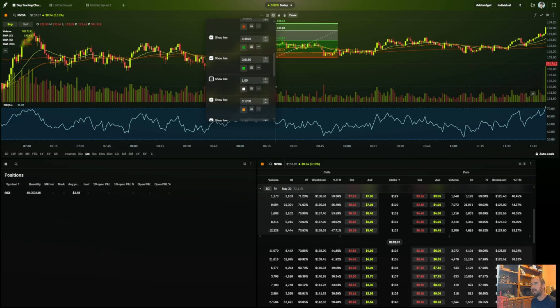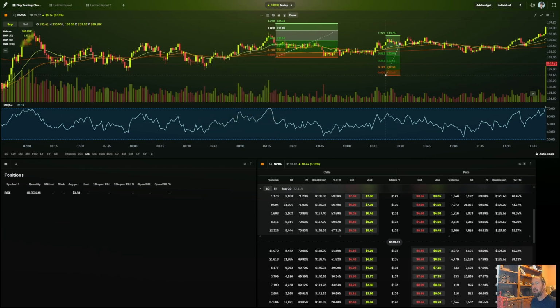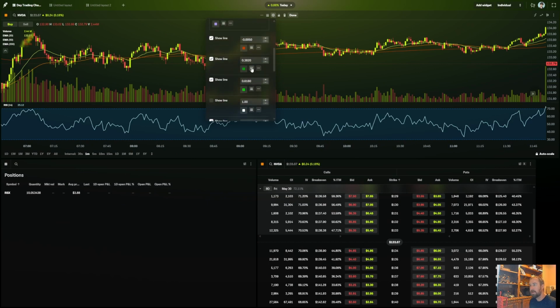Actually, I don't like it. So yeah, I've been using this Fibonacci retracement tool, and settings again, negative 0.005. Make red. It's gonna be my stop loss. Bright green is gonna be my entry, and then lighter green is more of a buy the dip.